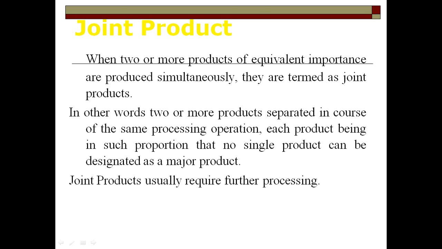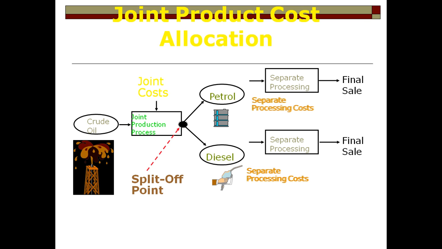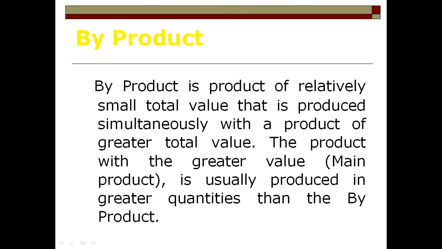So joint products usually require further processing. You can see joint product cost allocation, in which crude oil goes through joint production processes, and then there is a split into petrol and diesel, which is called a separate processing cost, and the separate processing cost is required in the final stage.